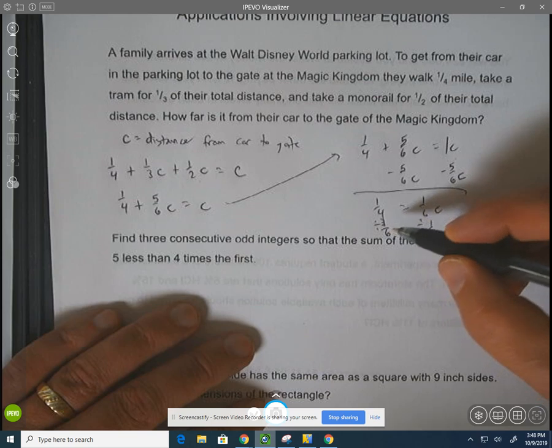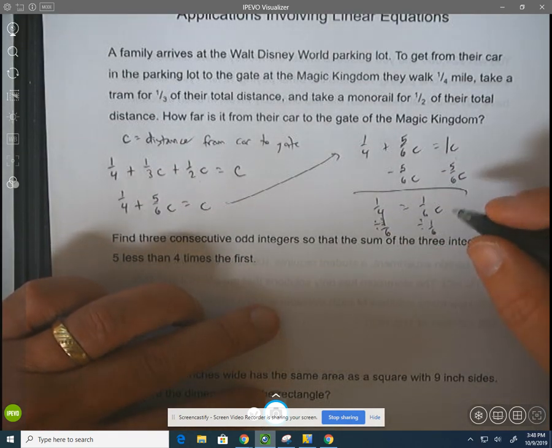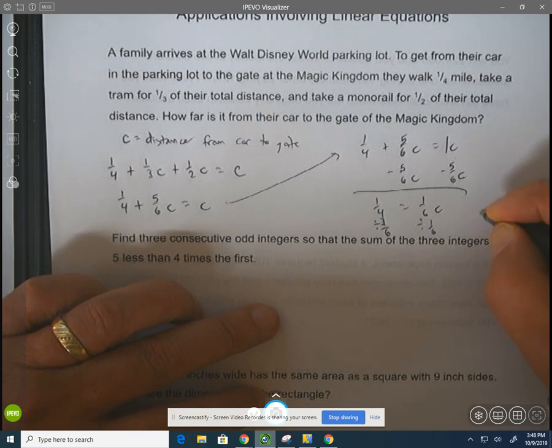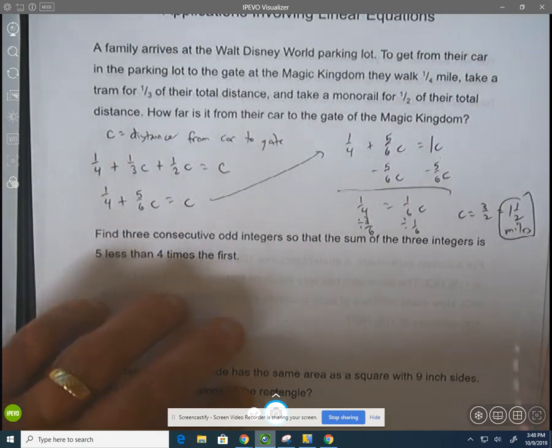And 1/4 divided by 1/6 would be like 1/4 times 6/1. So that would be 6/4 or 3/2 or 1.5 miles. Their car is about 1.5 miles from the gate.